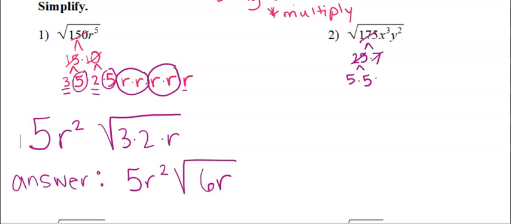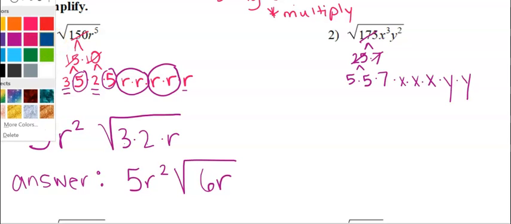And this 7 is going to stay. X to the 3rd means we've got 3 x's. And y squared means we have 2 y's. So I think it's a lot easier if you just write out the letters so you see it, okay? There's rules we can memorize, but I choose not to teach it that way.